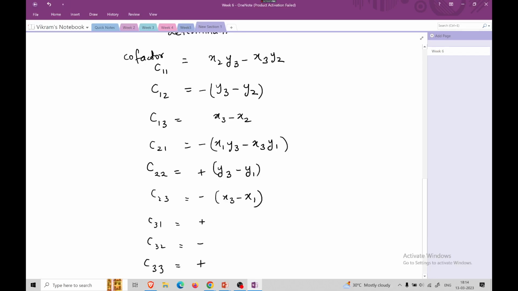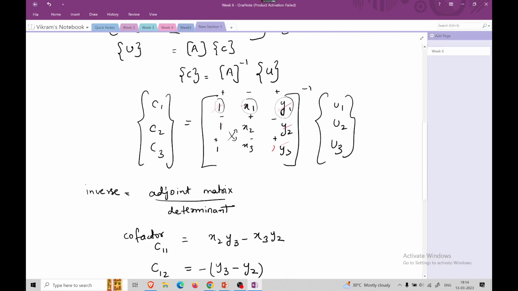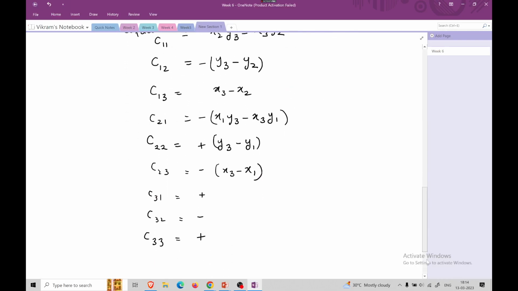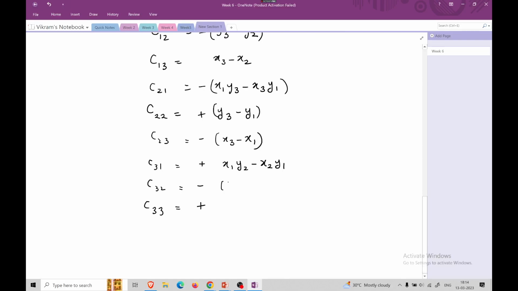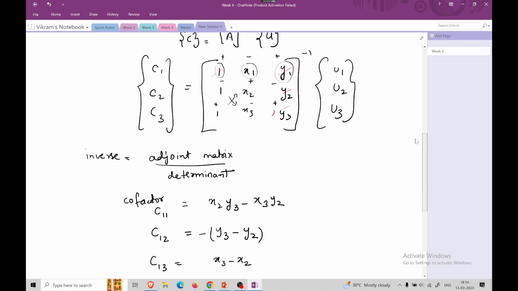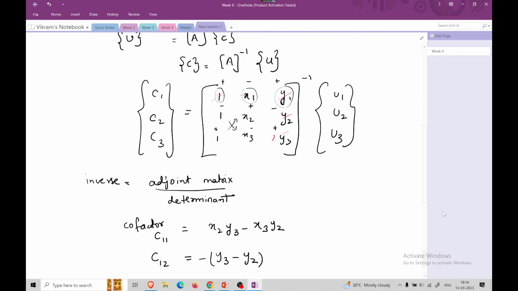For C31 it is going to be x1 y2 minus x2 y1. For C32 it is going to be minus of y2 minus y1. For C33 it is going to be x2 minus x1.